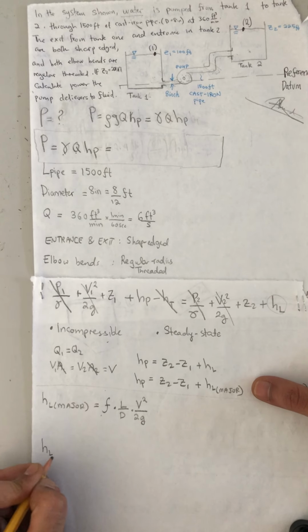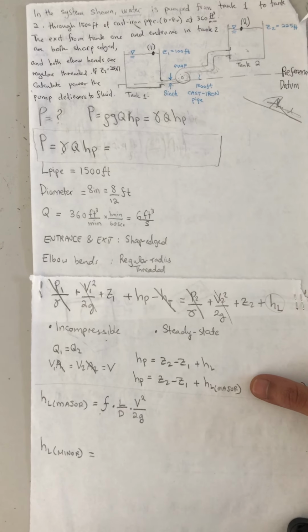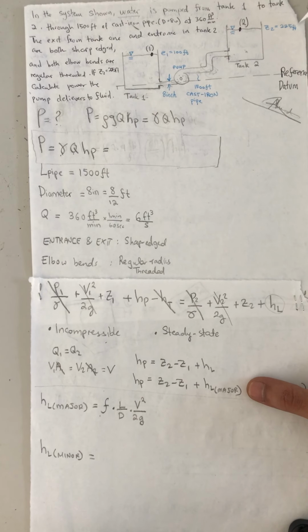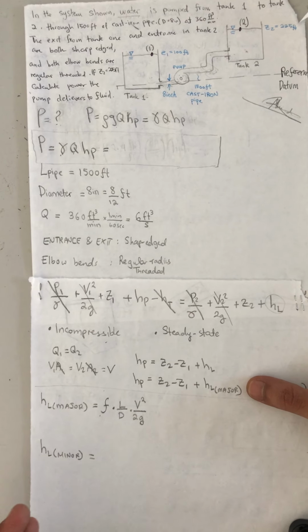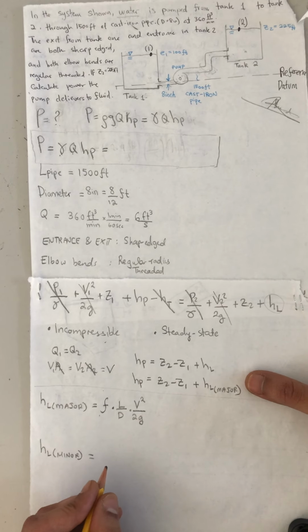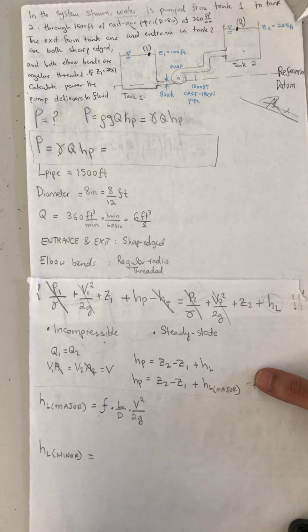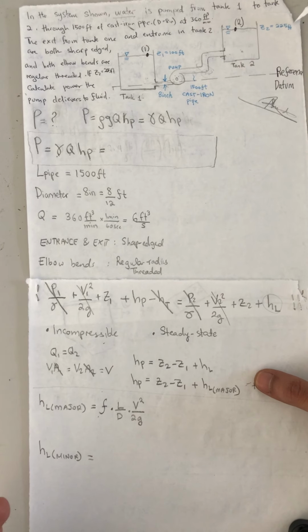Whereas our minor head loss considers the head loss in various pipe components, such as valves, bends, elbow bends, sharp edges, considering the loss coefficient. Our minor loss considers the loss coefficient in those different pipe components. When there is a redirection of flow, there is a coefficient of loss.